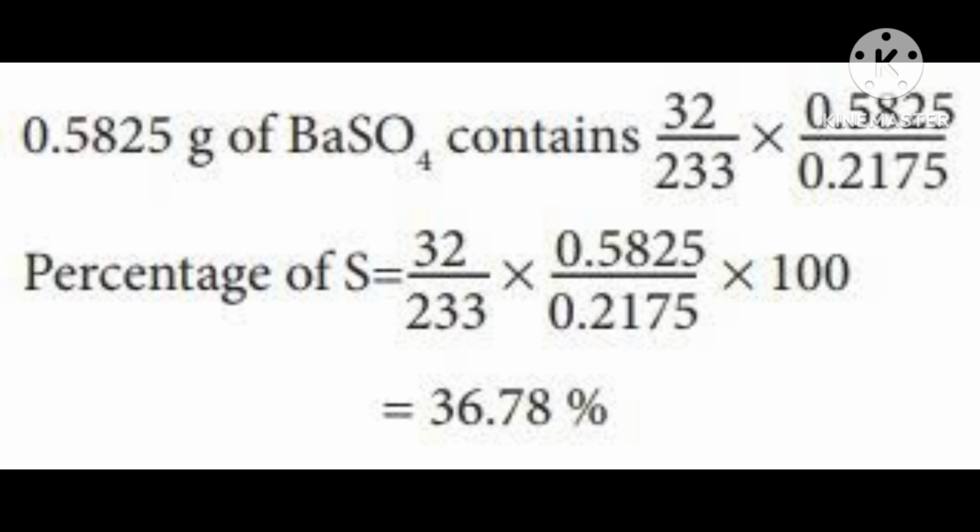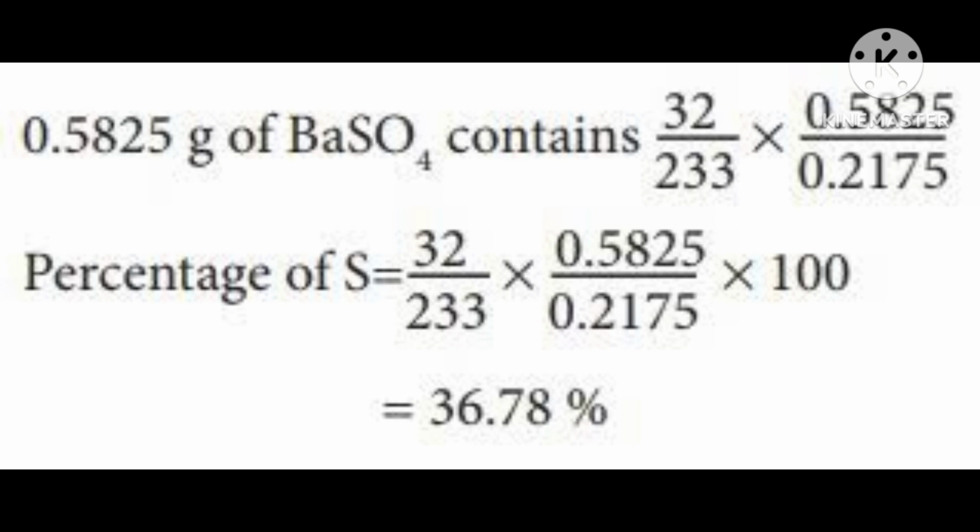After solving this, you will get 34.04%. Hence, the percentage of bromine will be 34.04%. This I have told you about the halogen.